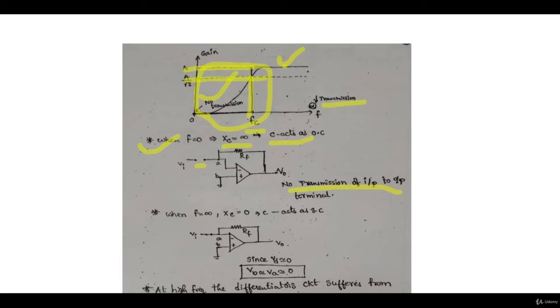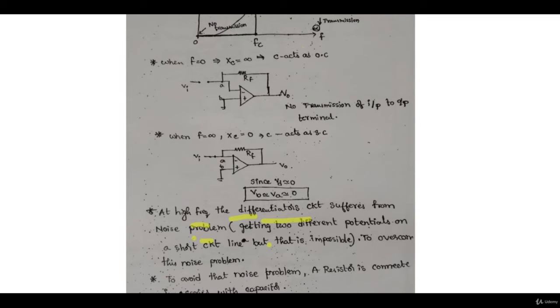Now when the frequency is infinite, Xc will be 0, which means zero impedance, and the capacitor will act as a short circuit, meaning the full input is provided, and by virtual ground you can calculate the value of the output as 0.